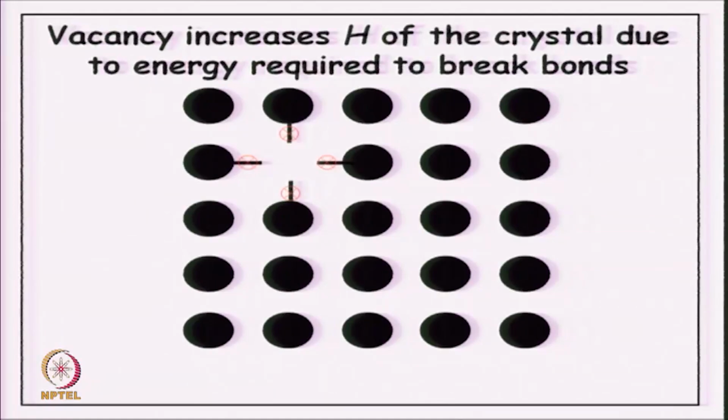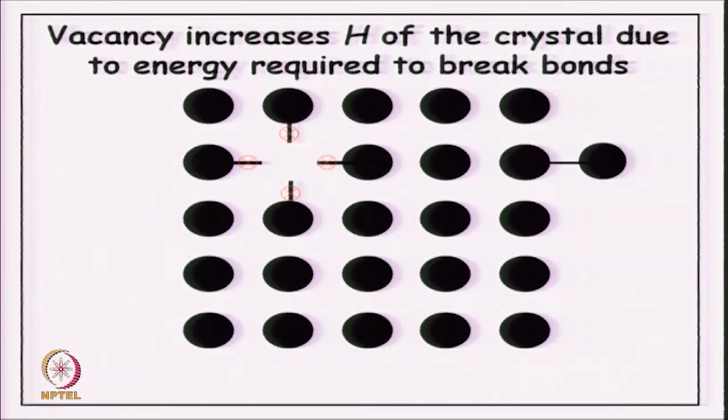We have already seen in the case of climb, dislocation climb, that if atoms go and join the dislocation core, then the location from which they moved will be a created vacancy. So, these atoms can join a dislocation core, or they can join a grain boundary, or if none of these are present, like in the crystal shown here, they can come to the surface. So, I place them on the surface.